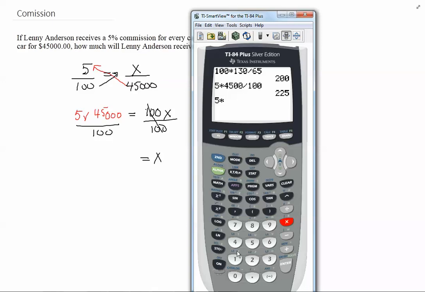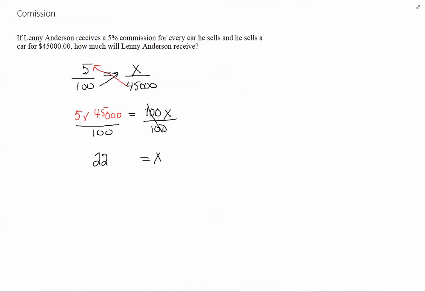Let's fix that. It should be 45,000 divided by 100. And we get 2,250. Lenny receives $2,250 in commission.